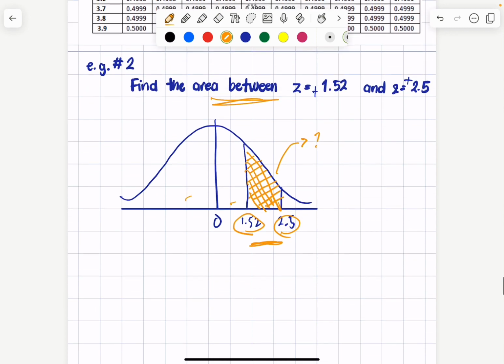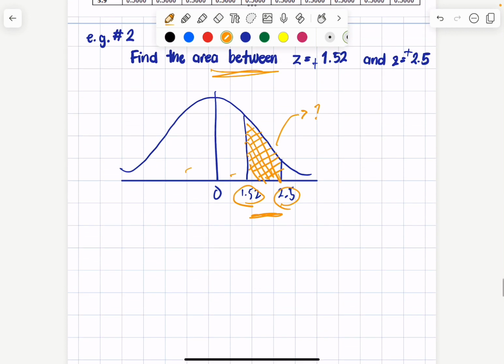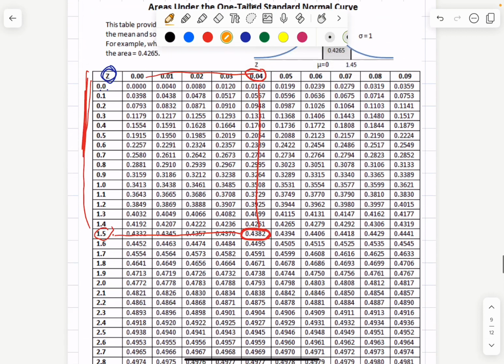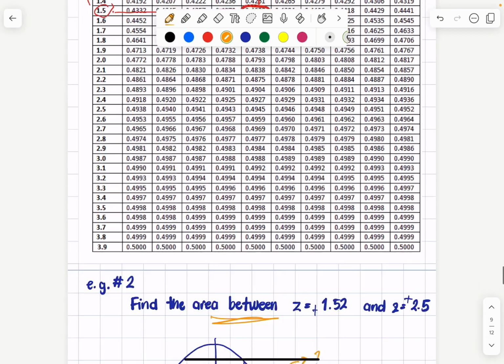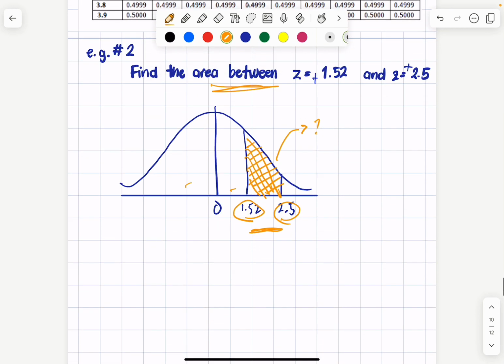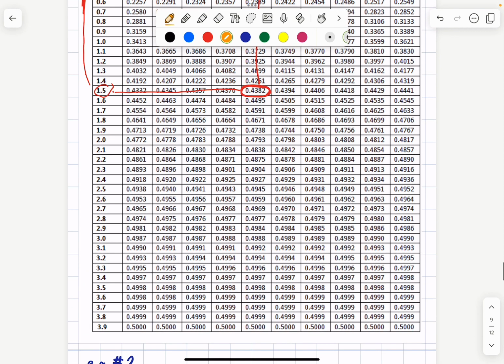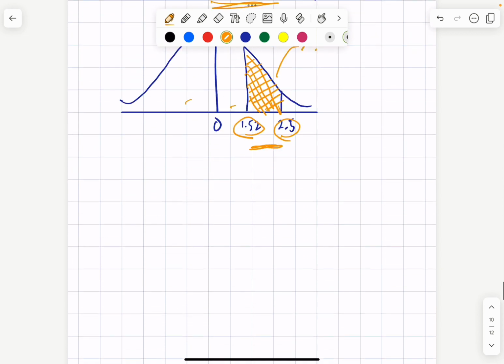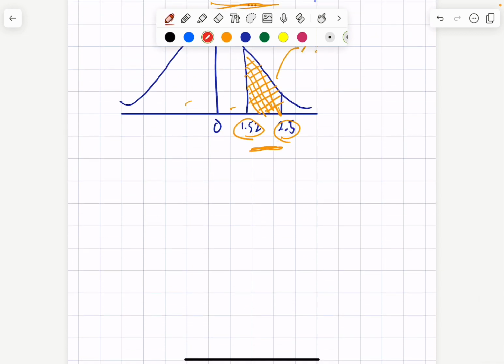Okay. So after that, makita ba dayon siya sa table? Makita ba dayon siya diri sa atong table? So dili siya makita pa. Makita diretso. Nganuman, kini sa atong table ang gihatag ani niya kay area nga magikan ni 0. For example, gikan ni 0 tama ni 1.52 or 0 tama ni 2.5.